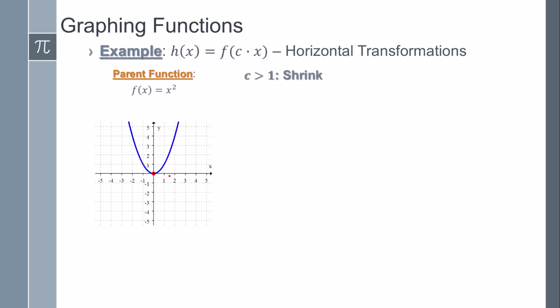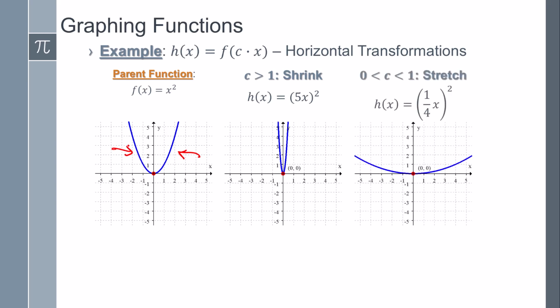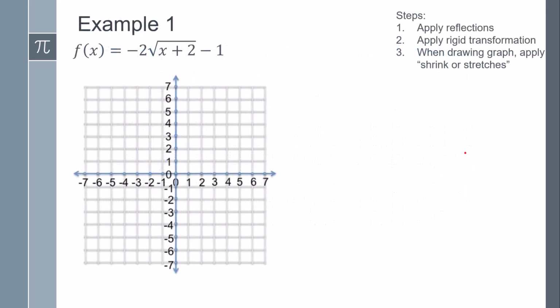Let's look at the horizontal. If it's 5x, so it's greater than 1, that's going to be our shrink. Imagine I pushed in horizontally. And if it's between 0 and 1, if I pulled, that's the stretching part, and that's why it widens. So let's look at a few of these.